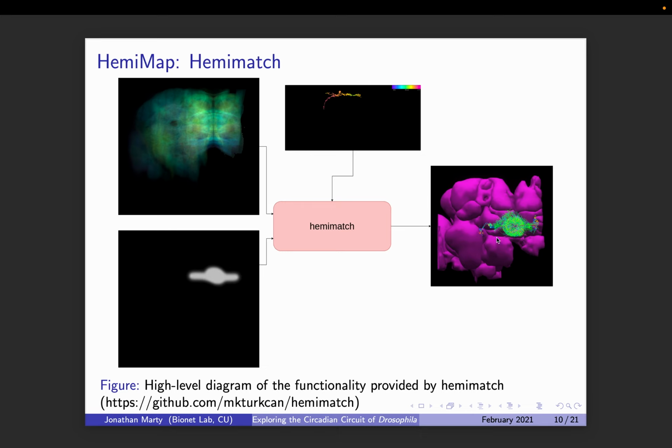The idea behind HemiMap is that we have this microscopy data, so why don't we try and produce one of these white blobs here, run it through HemiMap, and see if what comes out is actually the DN1P neurons.